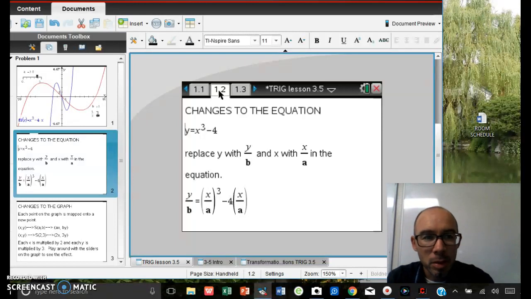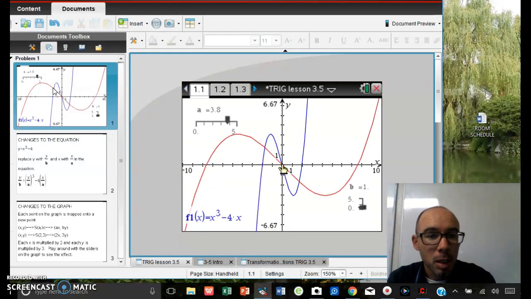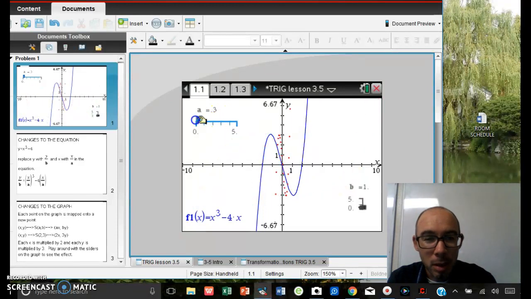So I'll go back to the original thing one more time, and you can see this again. I'll start by just changing the a value, and look at the equation. I'm changing the x over some number. In this case right now it's at 3.8, and here's my original in blue, and then I'm going to pull this back toward 1 to get it closer to the original problem.